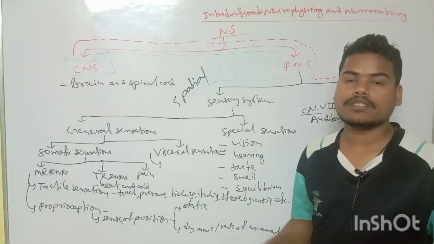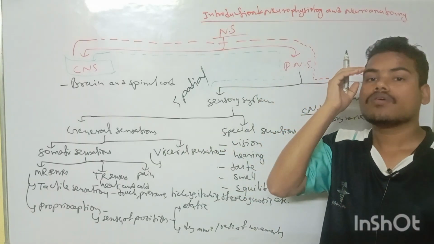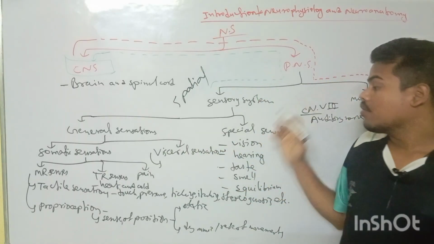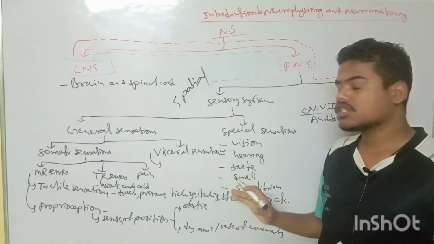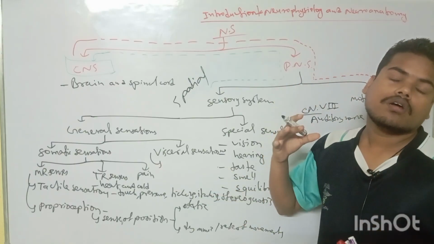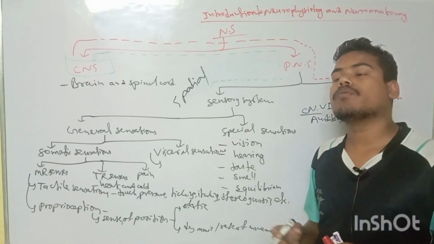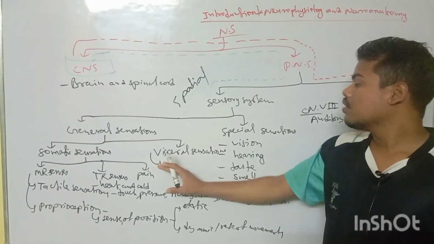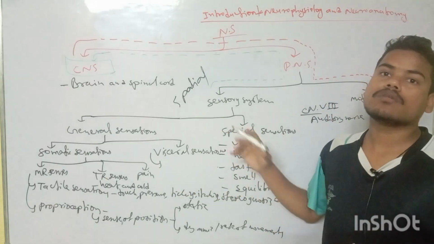Sensations that reach the cerebral cortex are felt, while others remain at the subconscious level. Why do they remain at the subconscious level?